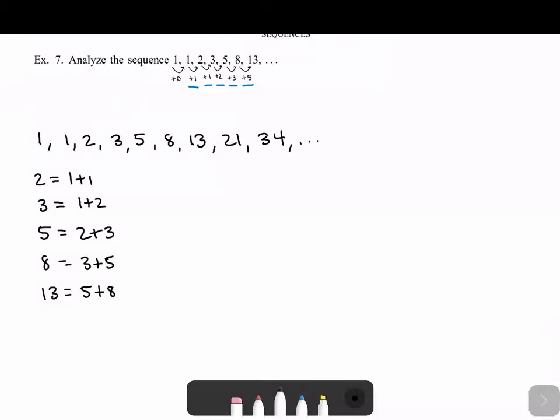This sequence specifically is called the Fibonacci sequence. It's named after someone named Fibonacci, and this is the sequence they came up with.